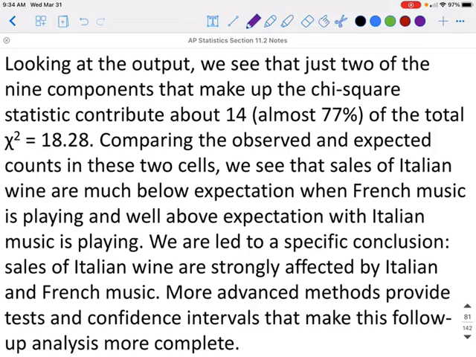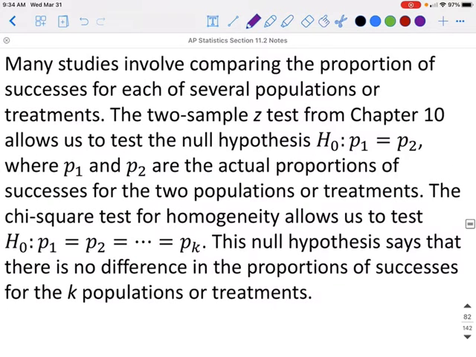We are led to a specific conclusion. Sales of Italian wine are strongly affected by Italian and French music. More advanced methods provide tests and confidence intervals that make this follow-up analysis more complete.